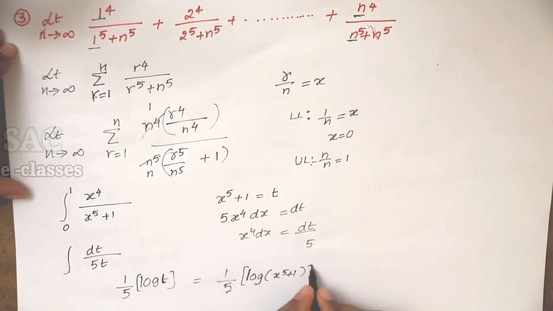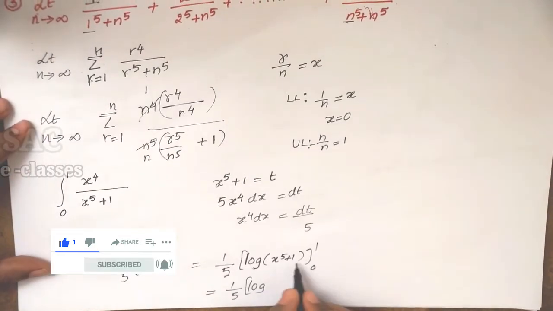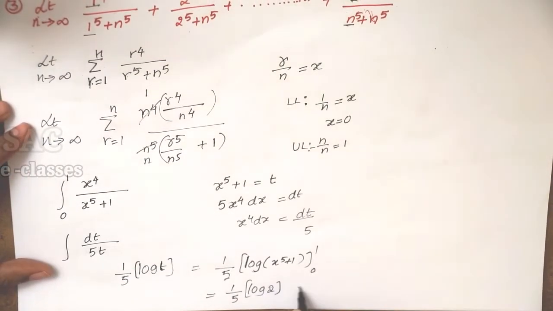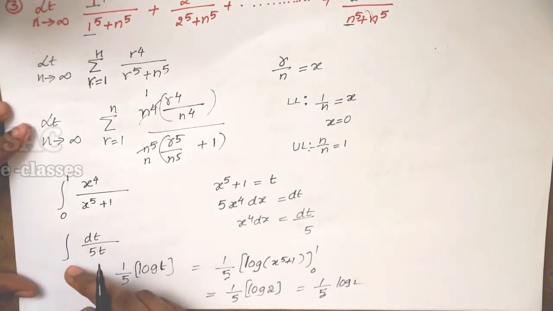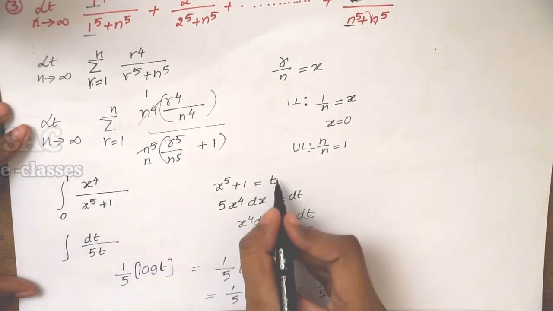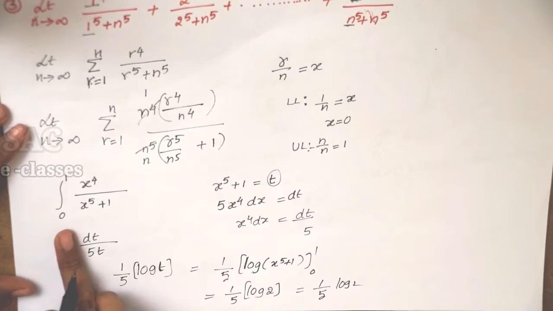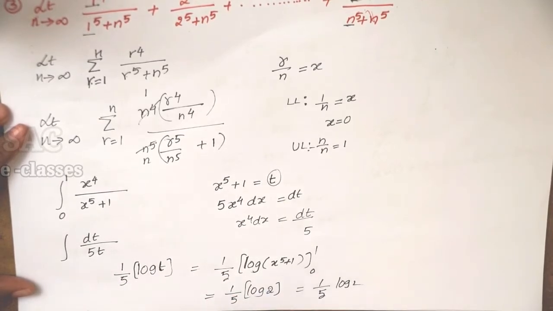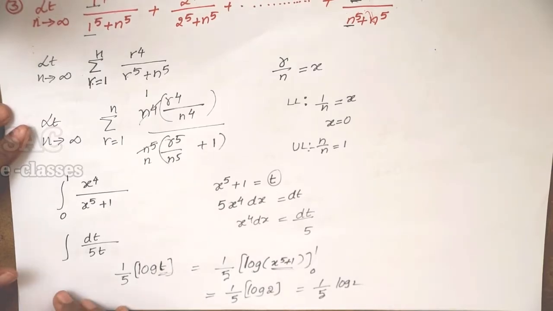Now apply the limit very easily, 0 to 1. 1 by 5 log (1 plus 1), it is log 2. Then the answer is 1 by 5 log 2. Here if we find out the upper limit as well as lower limit again for the t, it takes much time. That is why ignore it, but at last apply the limit by converting the t in terms of x again. Let us move to the next problem.